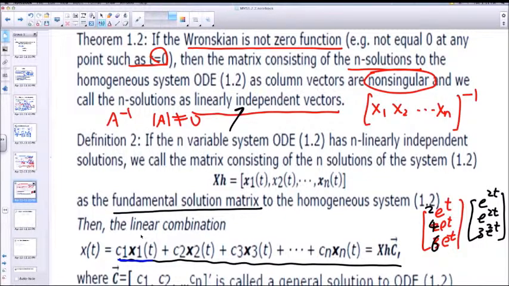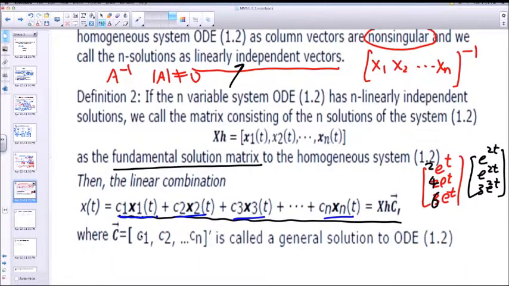Just like in the signal, how my voice is made. My voice is made by superimposing all different frequencies, and then you hear my voice. In the same way, you superimpose all those solutions, you get the so-called general solution. That's another concept. A general solution will cover all solutions you need. Then the particular one really depends on the initial condition.